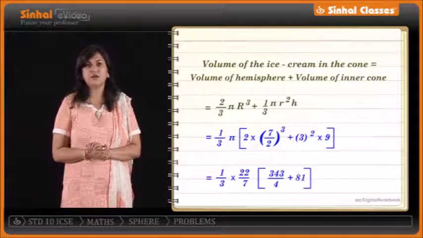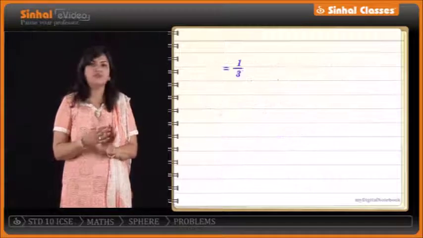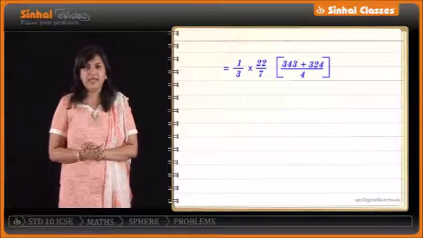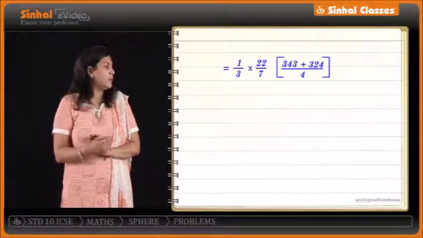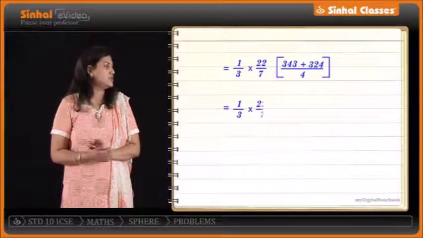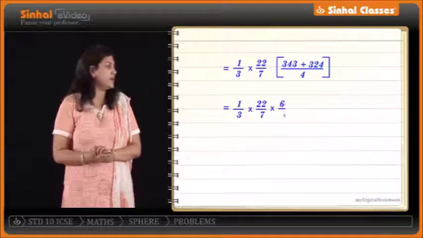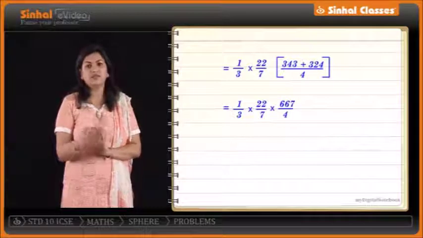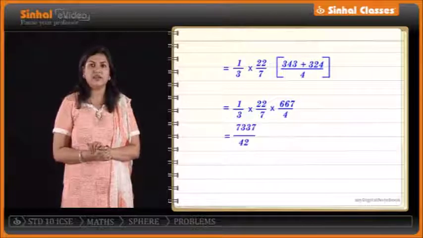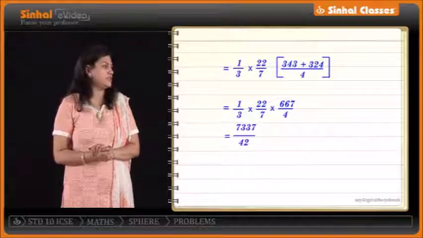Now we further simplify the bracket to get 343 plus 324 upon 4. Now we further get 1 upon 3 into 22 upon 7 into 667 upon 4. Now simplify all this. We have 7337 upon 42.